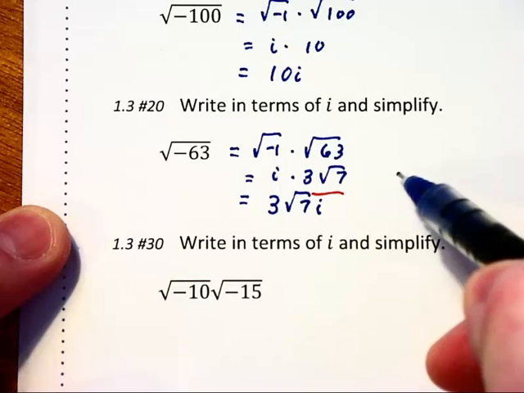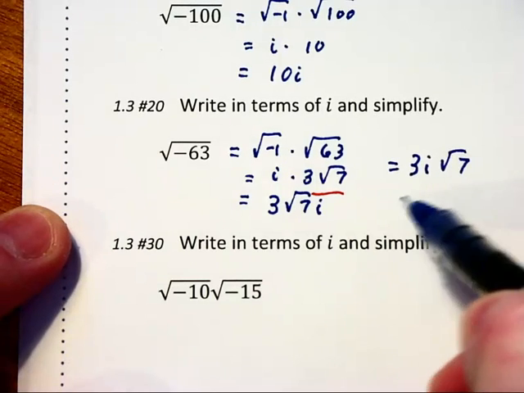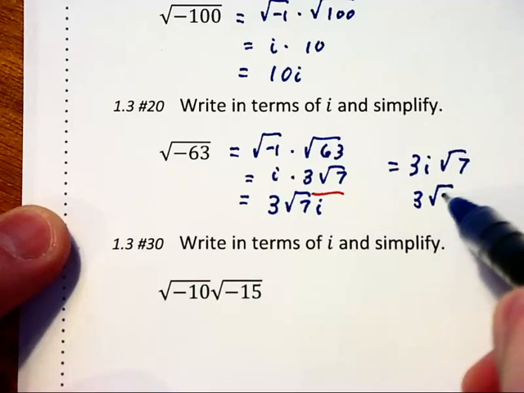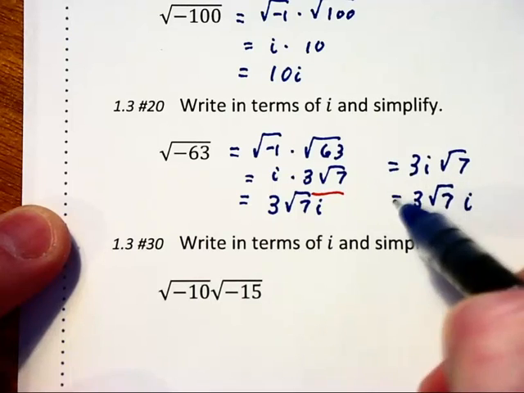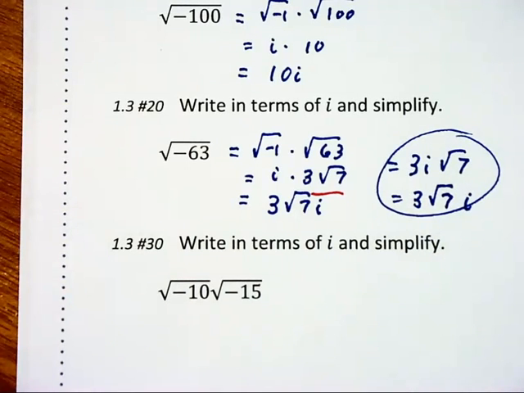So sometimes we rewrite this as 3i root 7, or preferred, as I wrote a moment ago, 3 root 7 i. Either one of those is perfectly acceptable as the way of writing this imaginary number.